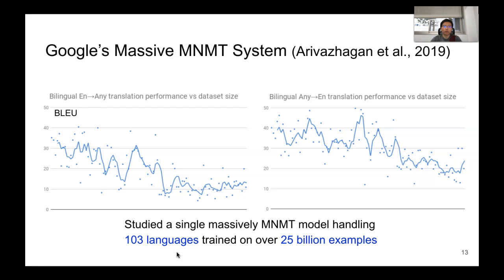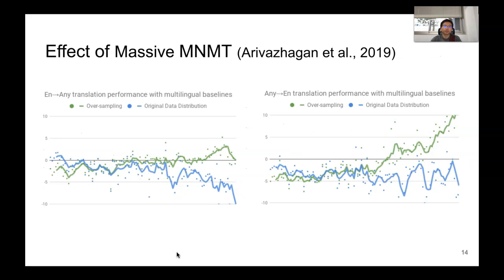So how good is this massive system? Here is an example of their system. The black line is the bilingual baseline, and here we show the translation difference comparing the bilingual system against the multilingual systems.